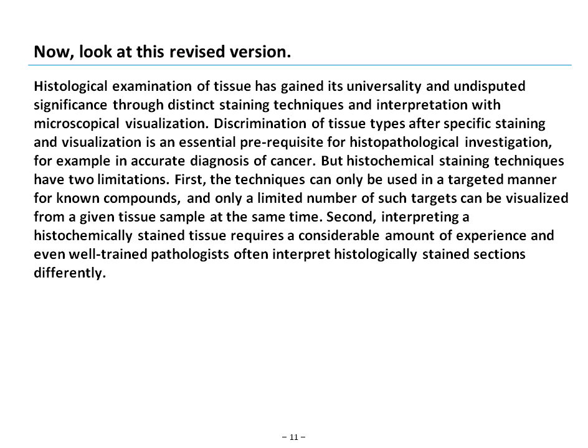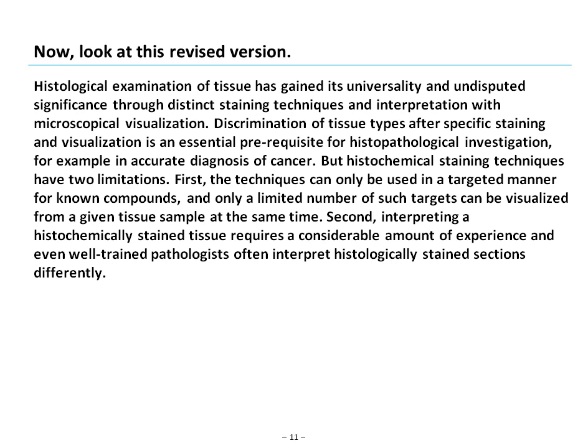Histological examination of tissue has gained its universality and undisputed significance through distinct staining techniques and interpretation with microscopical visualization. Discrimination of tissue types after specific staining and visualization is an essential prerequisite for histopathological investigation, for example, an accurate diagnosis of cancer. But histochemical staining techniques have two limitations.